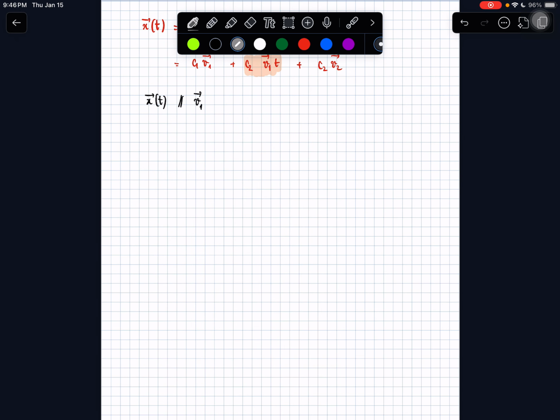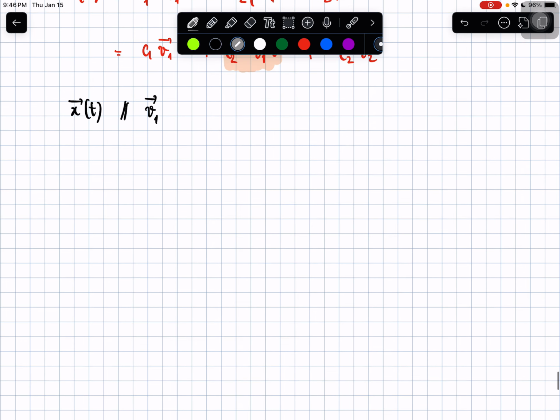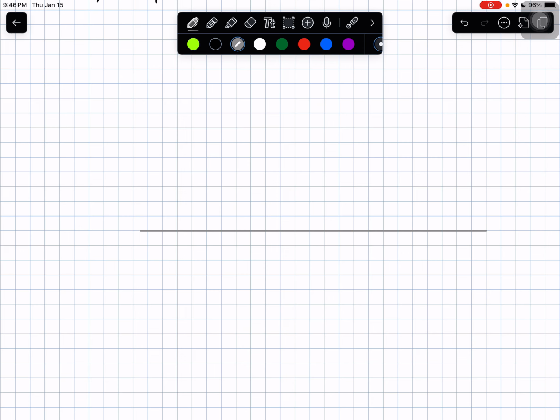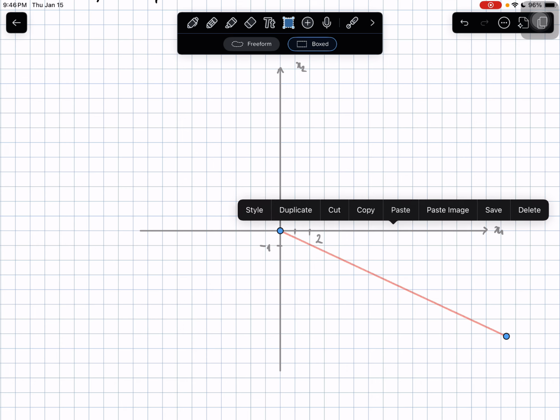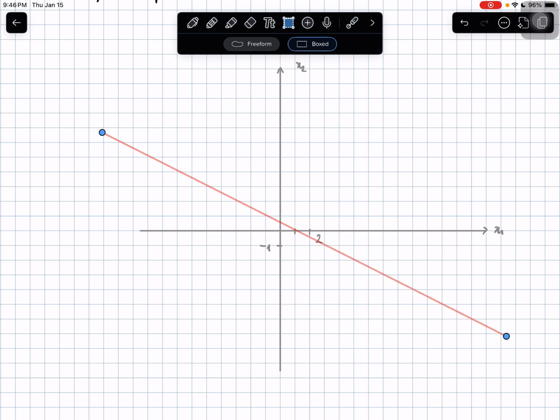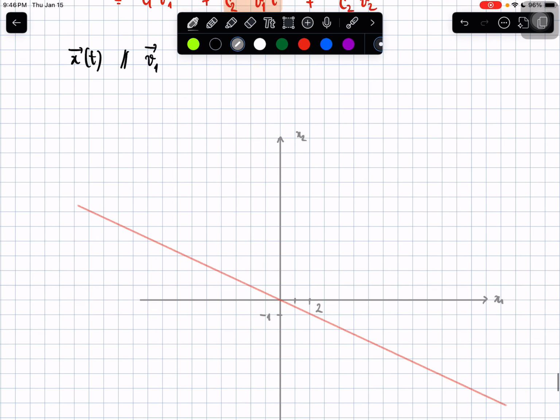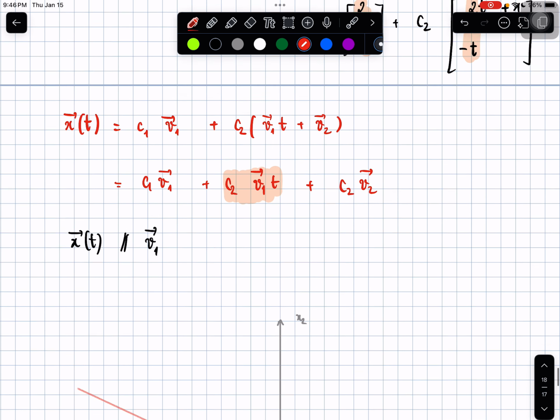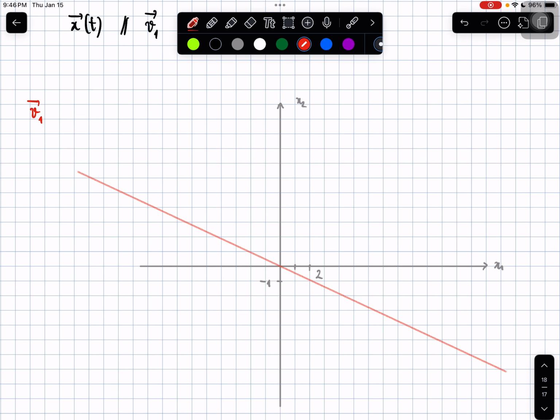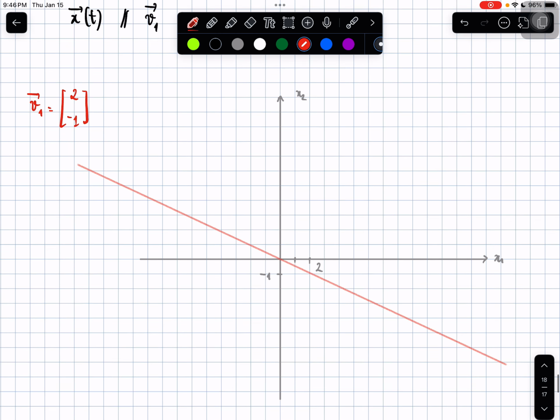So let's draw it. Axes x1, x2. This vector, v1 equal to 2, minus 1, is the eigenspace.